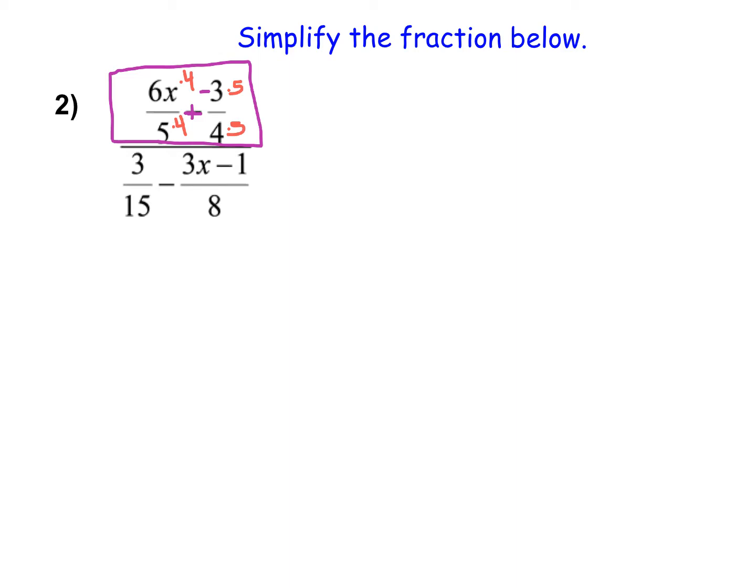So here this becomes 24x over 20 plus negative 15 over 20. And now, because I have common denominators, I can add these together to get 24x minus 15 all over 20.